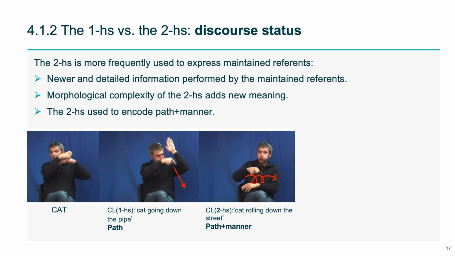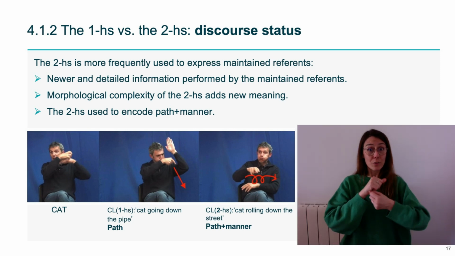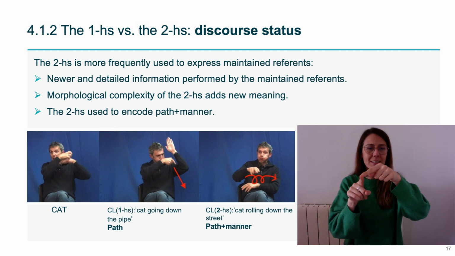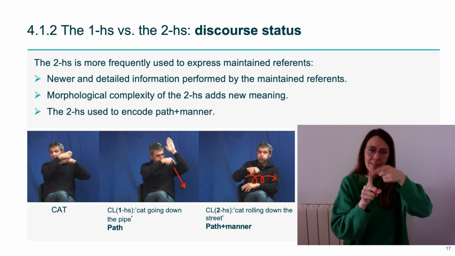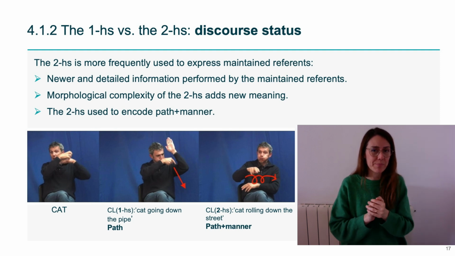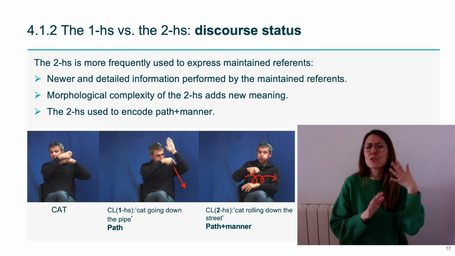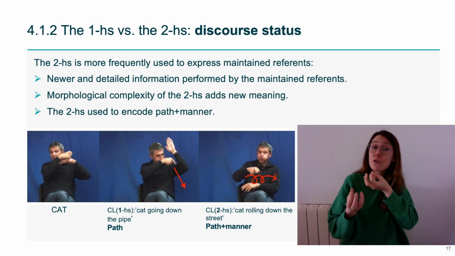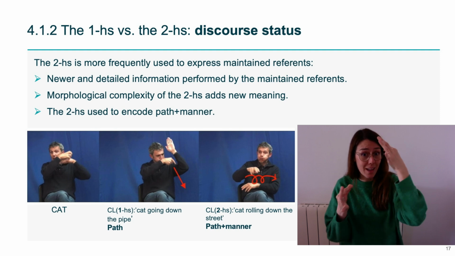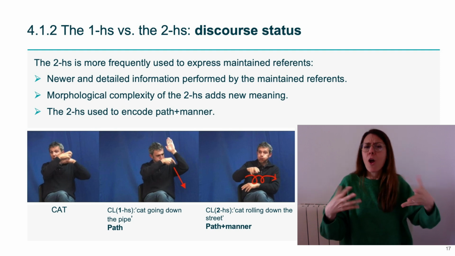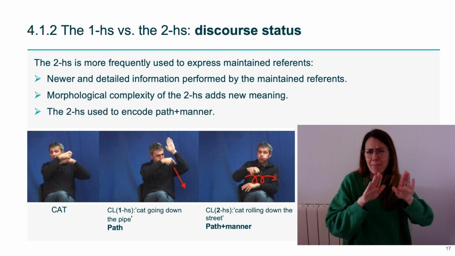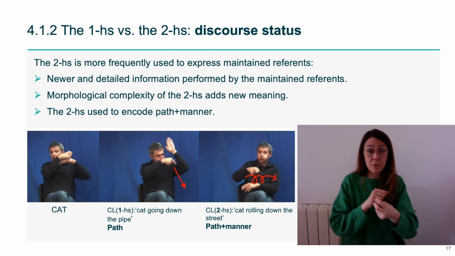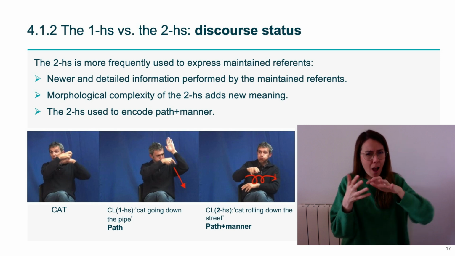So from our data, we can observe that in general, the two handshape is more frequently used to express maintained reference. And we think that this is due to the fact that newer and detailed information are usually performed by maintained reference. And also the fact that the two handshape is morphologically more complex than the one handshape, and this helps to add new meaning.